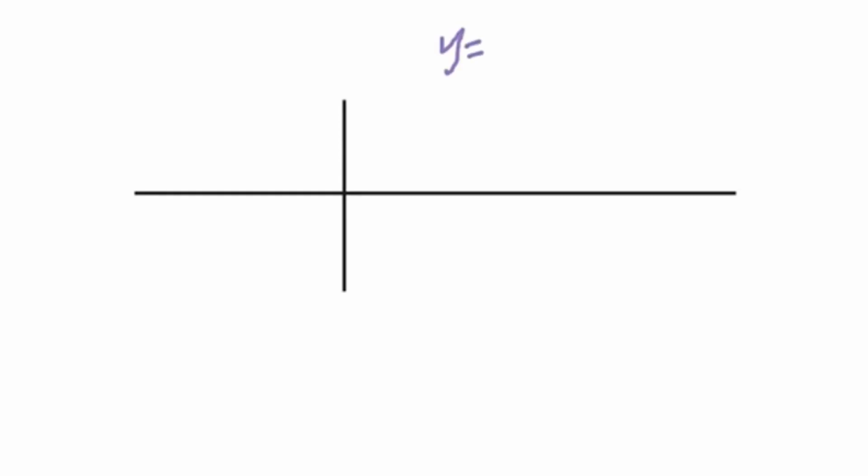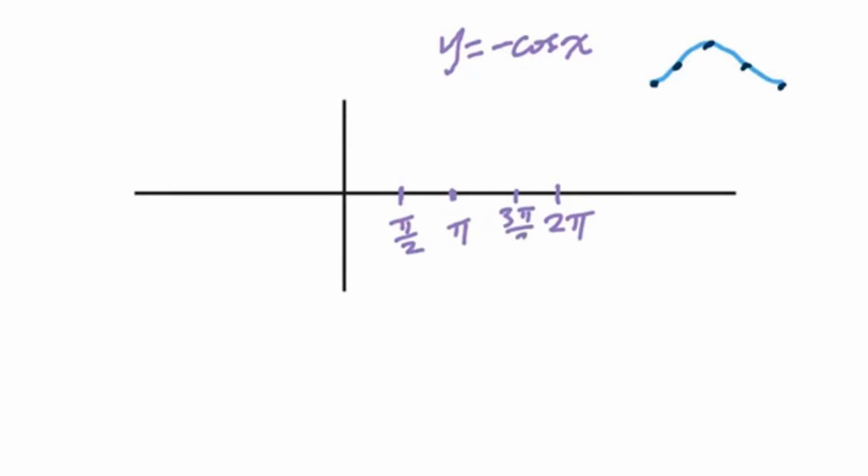For y equals negative cosine x, the graph will be like this. Get started from your minimum. So we got 1, 2, 3, 4, 5. We still label 2 pi, pi, pi over 2, 3 pi over 2.